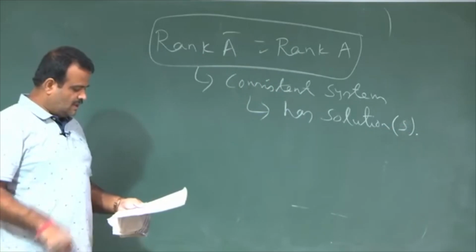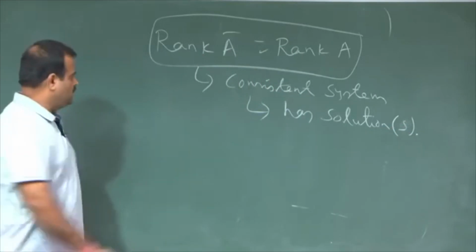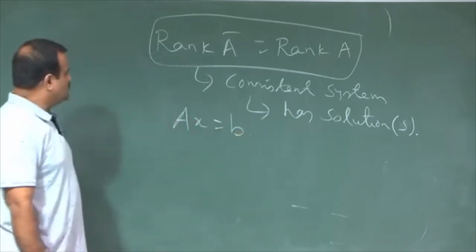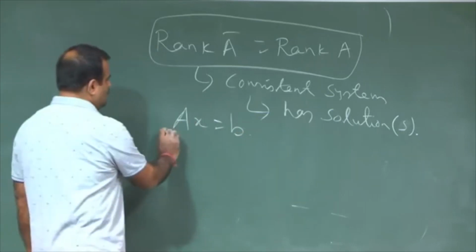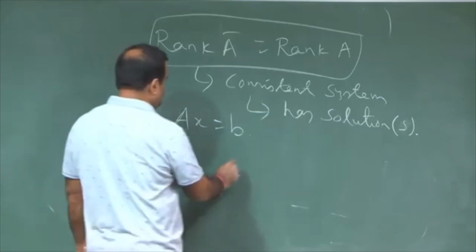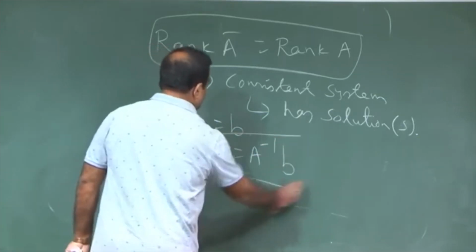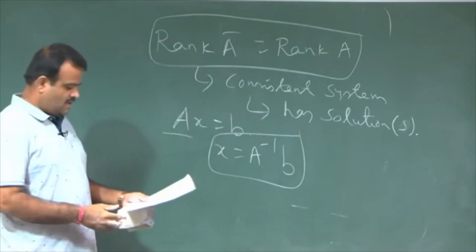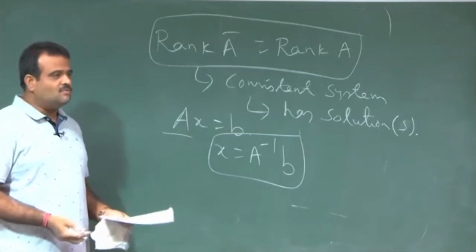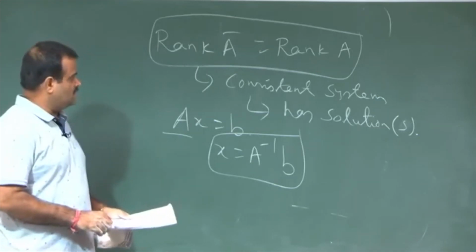Okay. So now, when will it have a unique solution? If you have a system Ax equal to b, it has a unique solution if A is non-singular, and that solution is nothing but A inverse b. Now, if it is not unique, then we have infinitely many solutions.